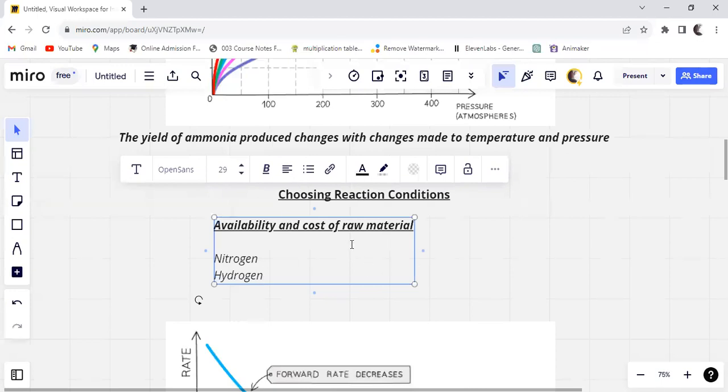The other reaction conditions in the case of ammonia synthesis, the conditions that we have seen during these stages, were the temperature and pressure conditions.